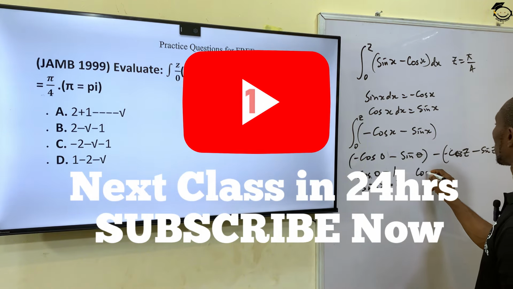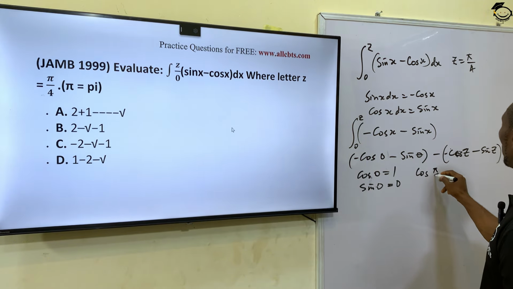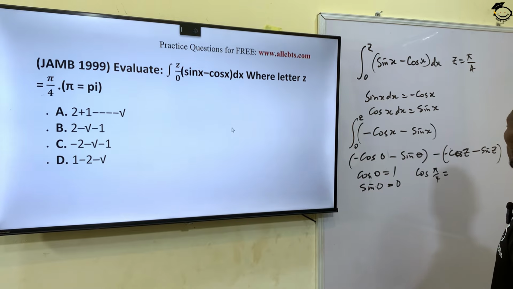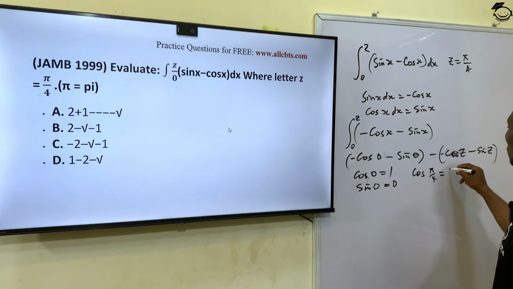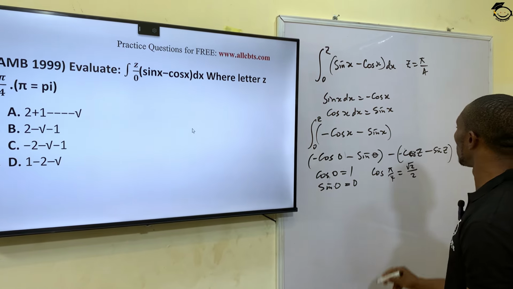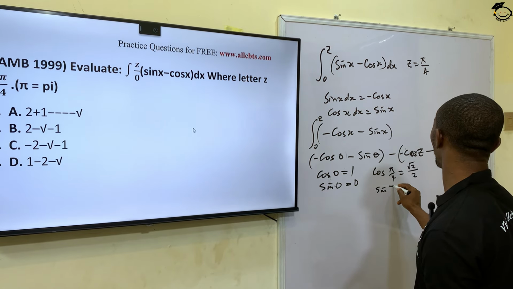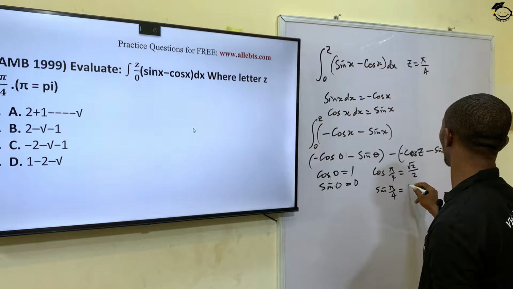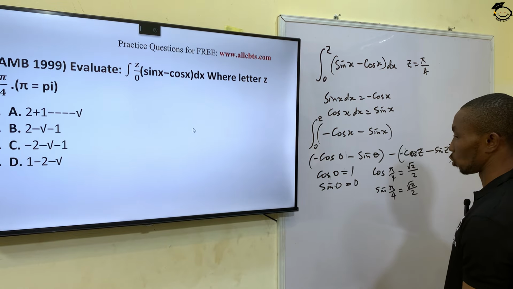Now, cos pi over 4 will give us root 2 over 2. Also, sine pi over 4 would give us root 2 over 2.